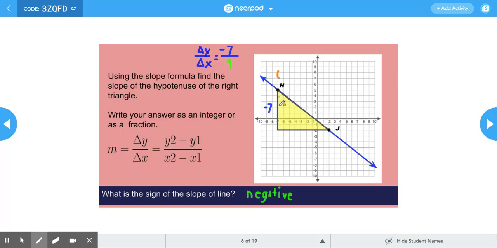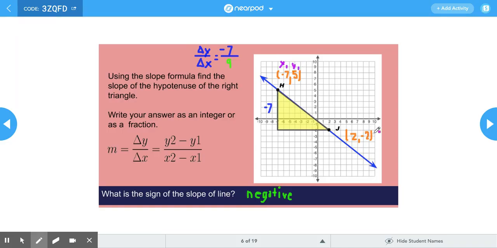So the coordinate of H is (-7, 5). And then the coordinate for J is (2, -2). So I'm going to label my points x1, y1, x2, y2. So I'm going to say -7 and 5 are x1, y1.